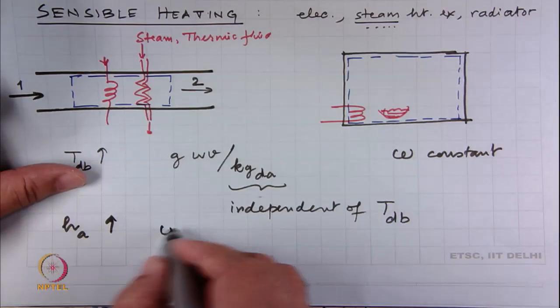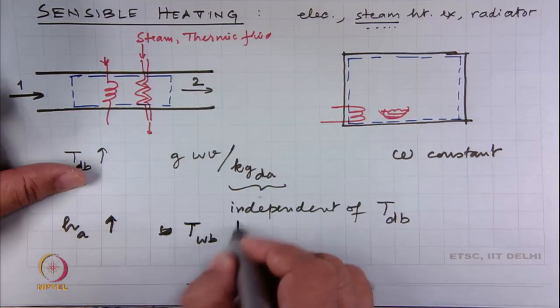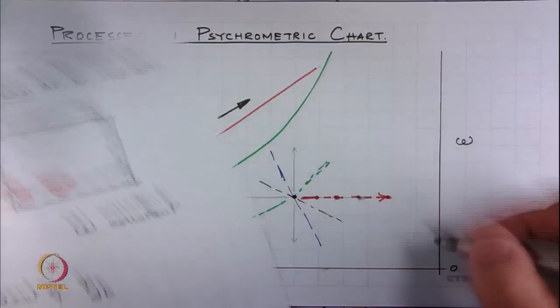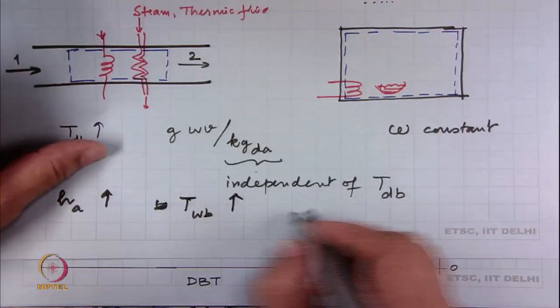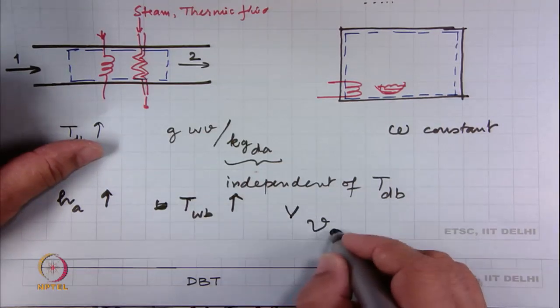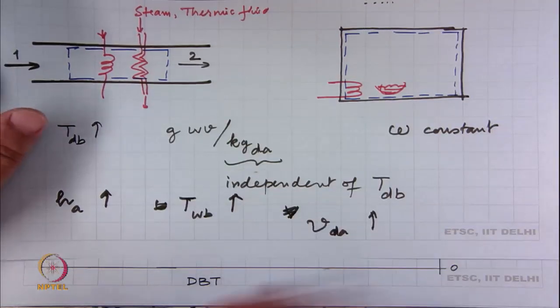So, the wet bulb temperature also increases, and the blue lines go to the right. It tells us that the specific volume per kg of dry air is also increasing; the air is expanding.